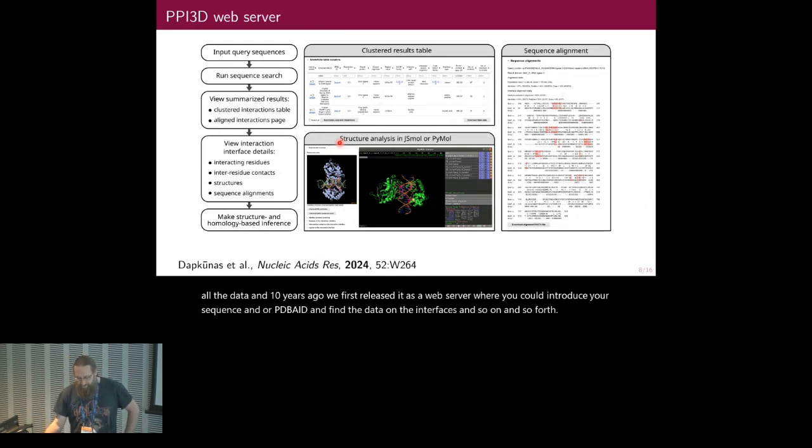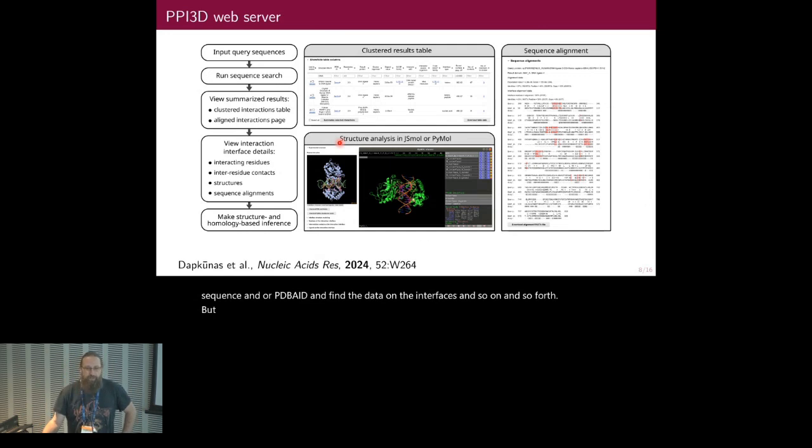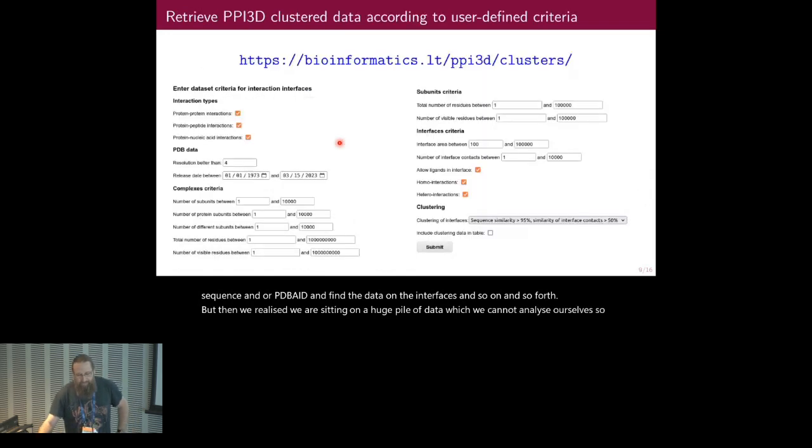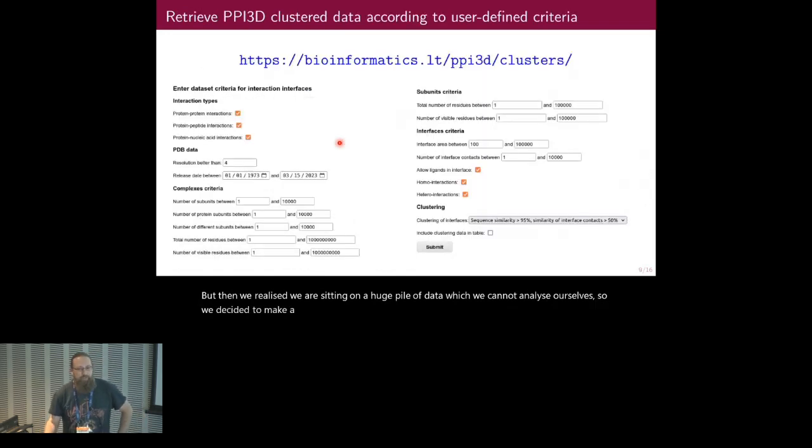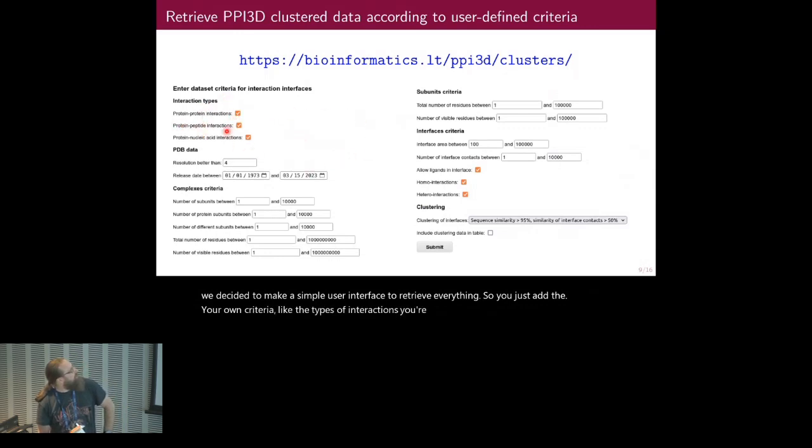But then we realized we are sitting on a huge pile of data which we cannot analyze ourselves. So we decided to make a simple user interface to retrieve everything. You just add your own criteria, like the types of interactions you're interested in.